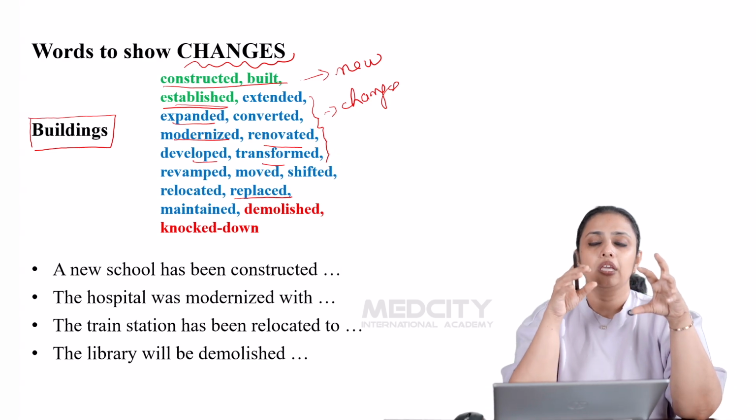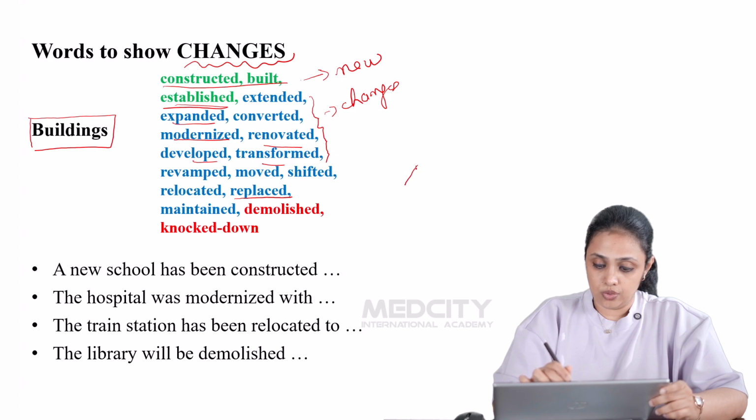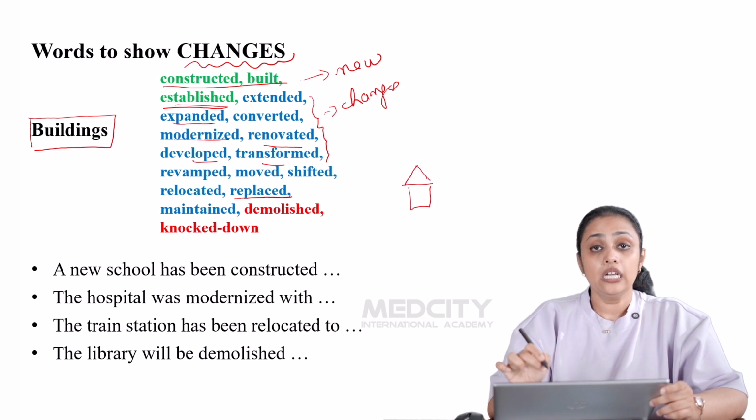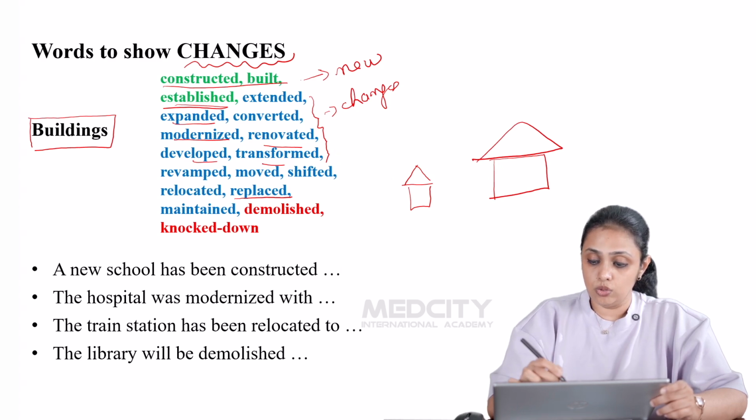Replaced means, in one map at a specific location you see a building. Now in the new map, this has been replaced by another building, maybe a bigger one. This might be a school, this might be a hospital.